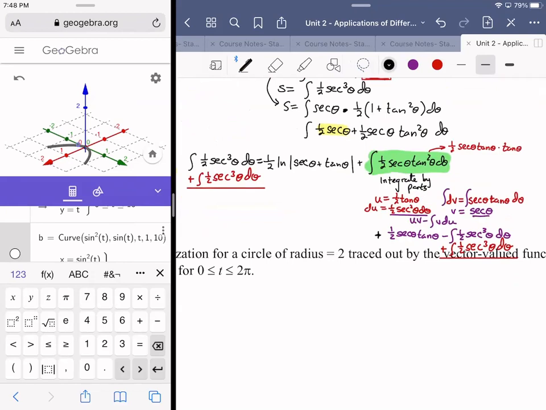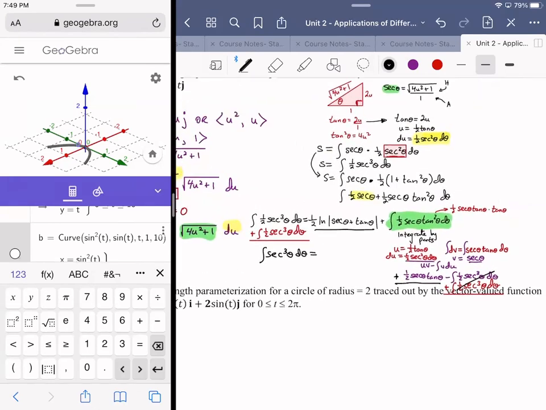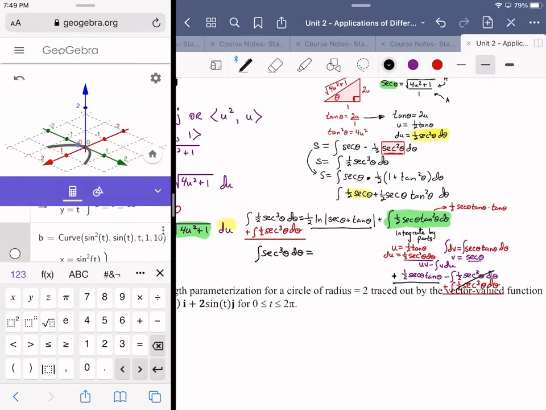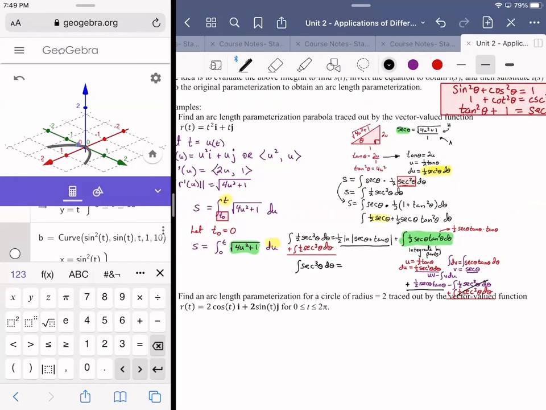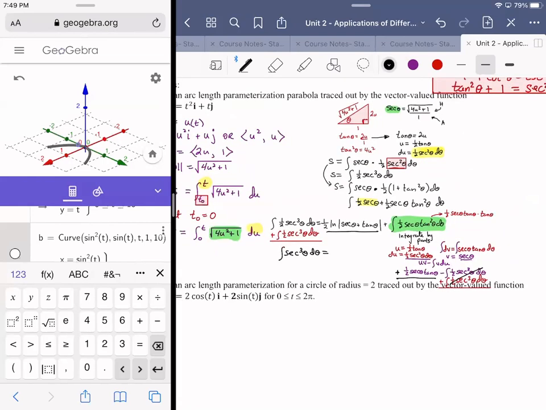The antiderivative of secant cubed theta d theta is going to be equal to, so this cancels, this expression plus this expression. Well, actually not even added, because that's what we're looking for. We just got to pop 1/2 in front of that, and then we'll be in good shape.